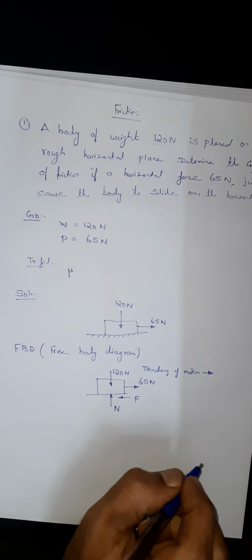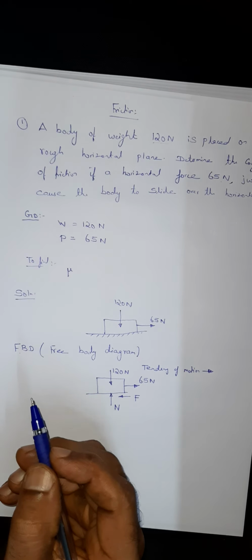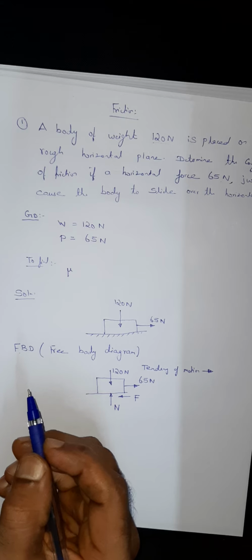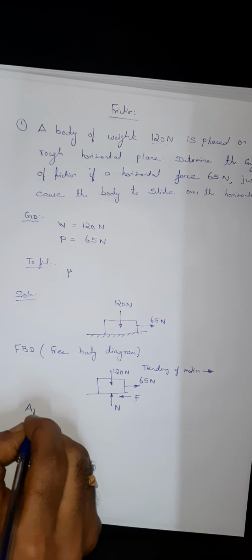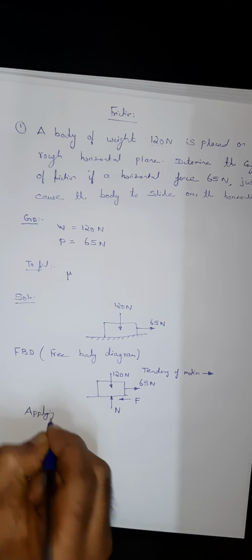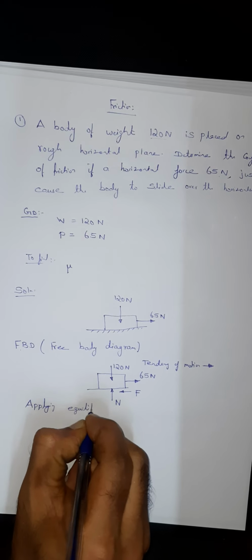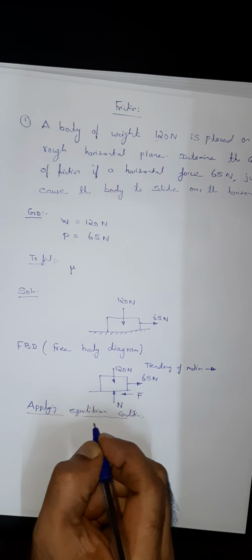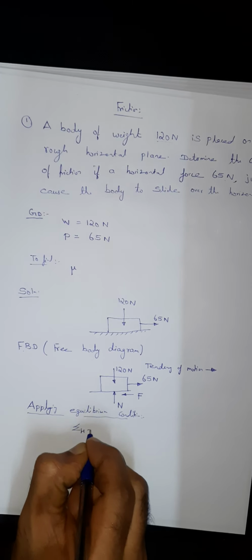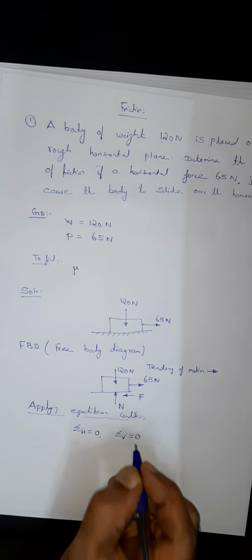Is it clear? As you all know, when you draw the free body diagram, we apply the equilibrium conditions. What are they? Summation H equal to 0, summation V equal to 0.